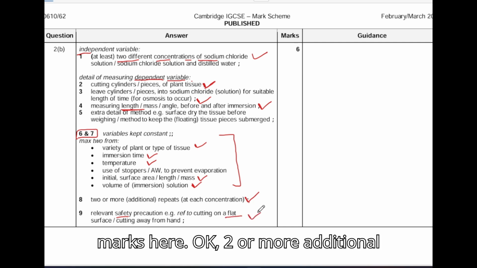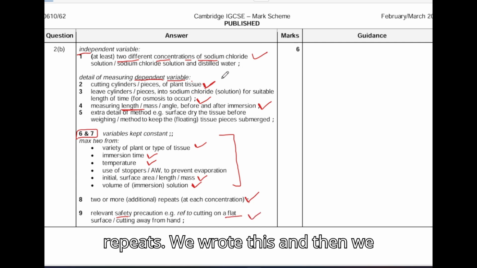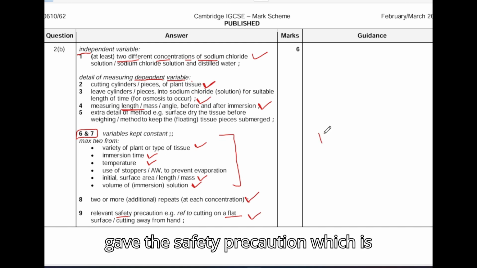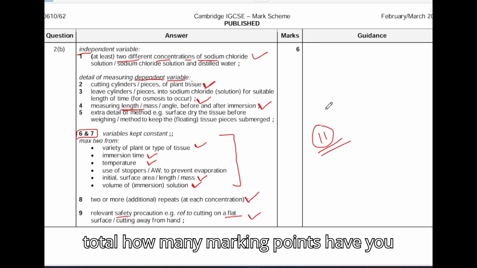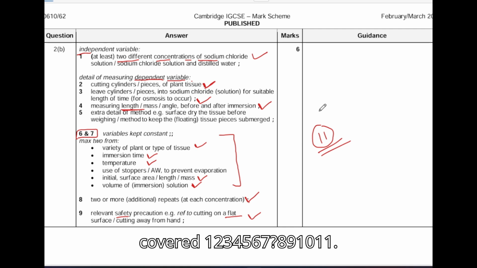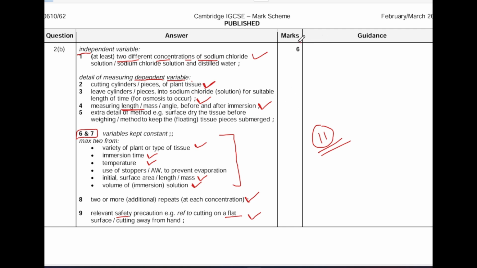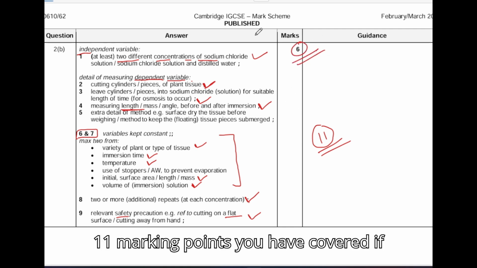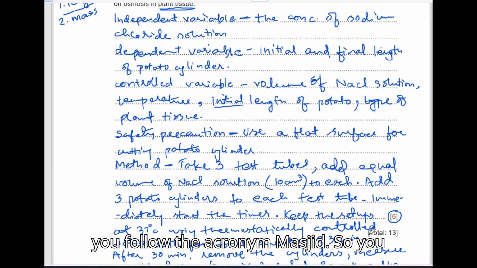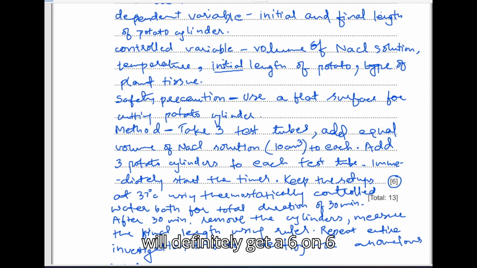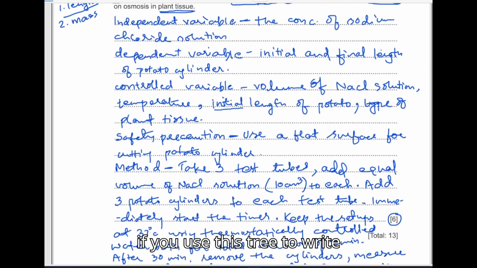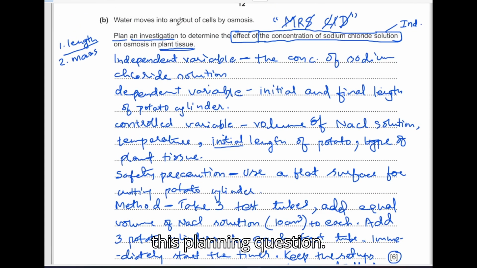Then 2 or more additional repeats, we wrote this, and then we gave the safety precaution, which is cutting on a flat surface. So in total, 1, 2, 3, 4, 5, 6, 7, 8, 9, 10, 11 marking points you have covered. If you follow the acronym Mrs CID, you will definitely get 6 out of 6 if you use this trick to write this planning question.